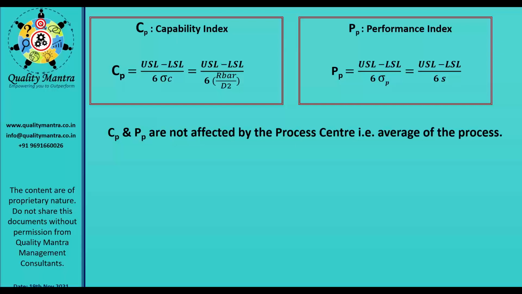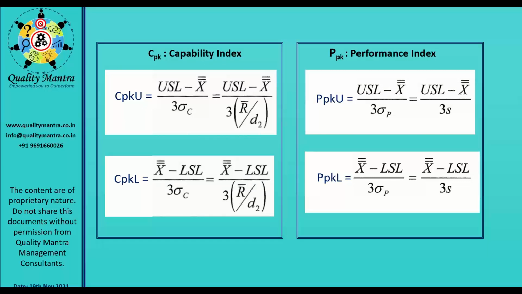You may come across scenarios where people say CP is the capability and PP is the performance. That is also okay. When we say capability index, it refers to the CPK. When we say performance index, it refers to the PPK.